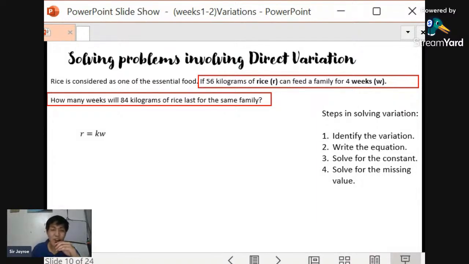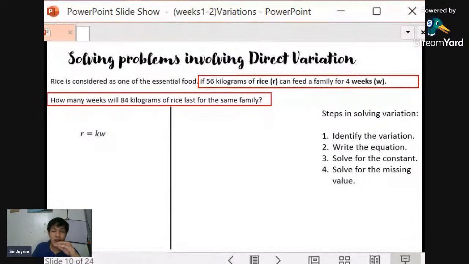Okay, so that's why ito ay direct variation kasi parehong nag-increase. So ganyan po ang pagtukoy. Kapag walang binanggit sa word problem na R varies directly or R varies inversely, you have to analyze the problem. Okay, let's continue.